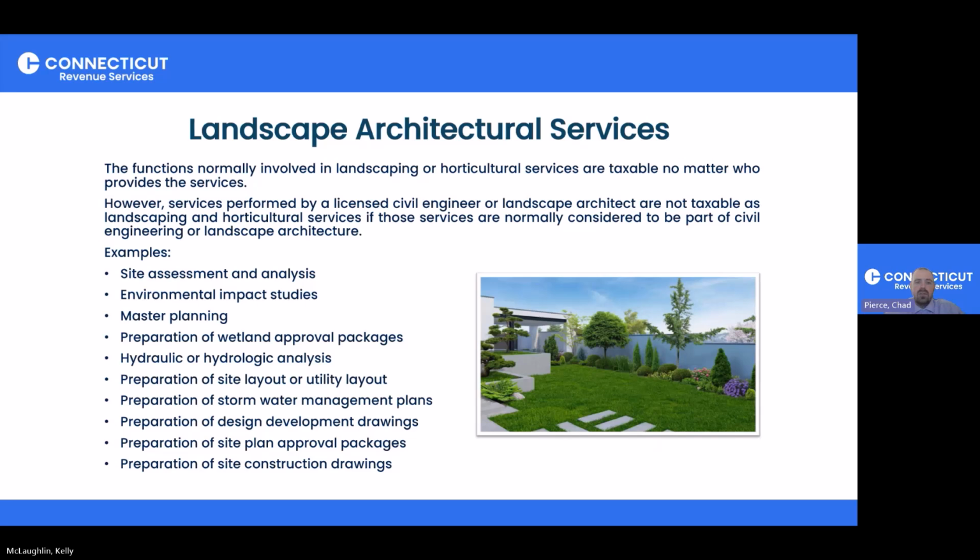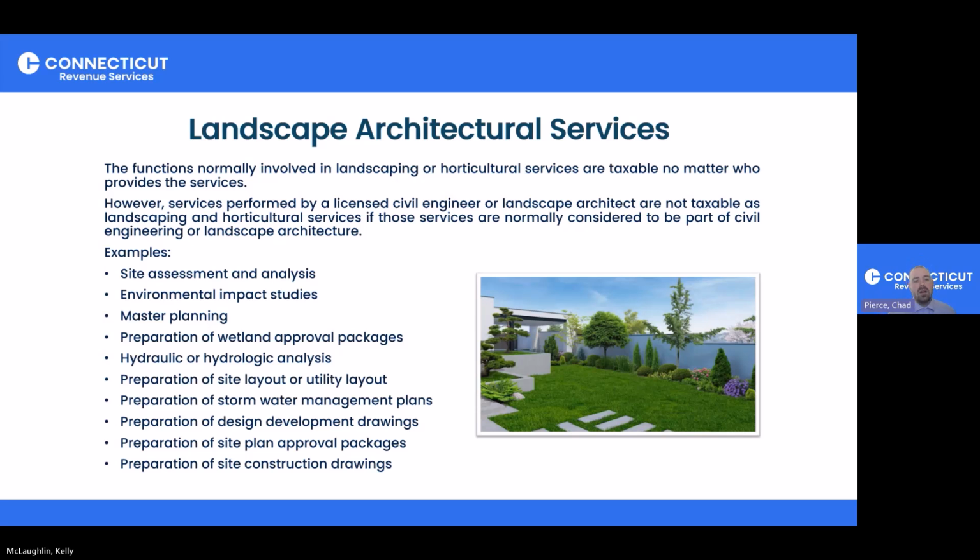Landscape architectural services. The functions normally involved in landscaping or horticultural services are taxable no matter who provides the services. However, services performed by a licensed civil engineer or landscape architect are not taxable as landscaping and horticultural services if those services are normally considered to be part of civil engineering or landscape architecture.